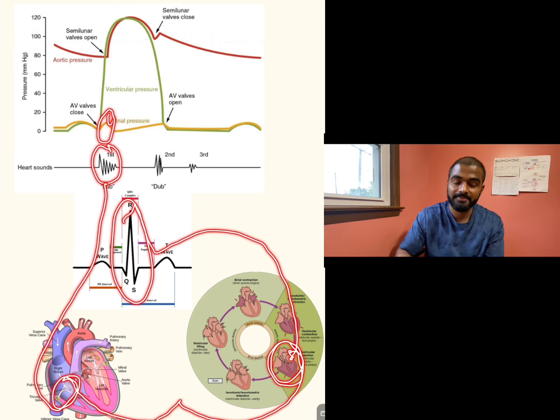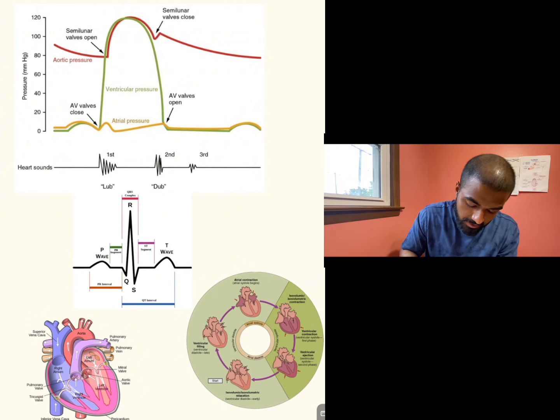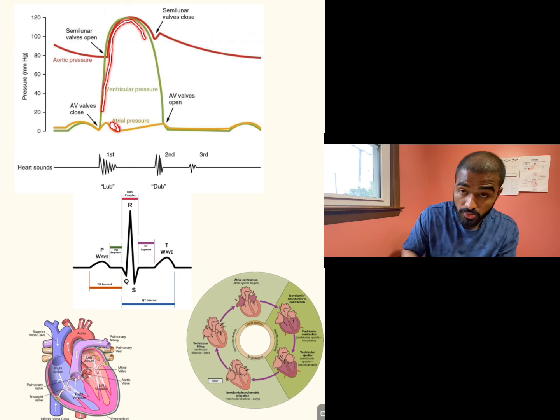And if you see the next phase of the atrial pressure waveform, we have a slope right here. That means pressure inside the atria is going down, and that means the atria is relaxing at that time. If you look at the ventricular pressure, the ventricles are still contracting, but the atria is relaxing.